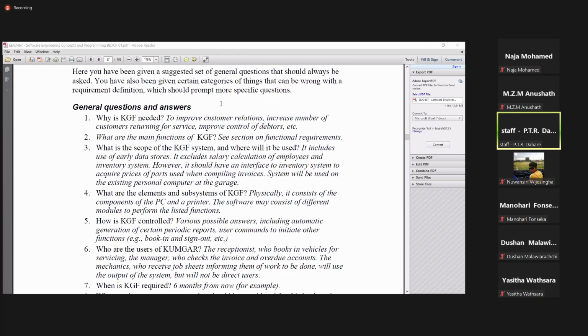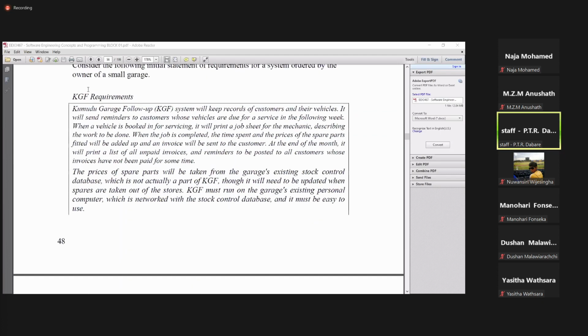First of all, you have to have a requirements document like this, right? You can ask them; you don't have to have a document. So you also have to identify your requirements. For that, you have to ask them how the operation is done and how they are expecting it to be done.